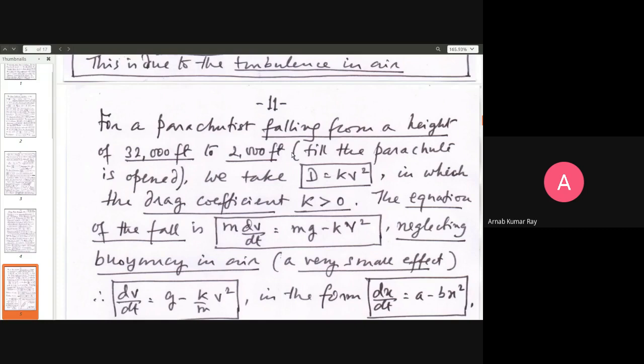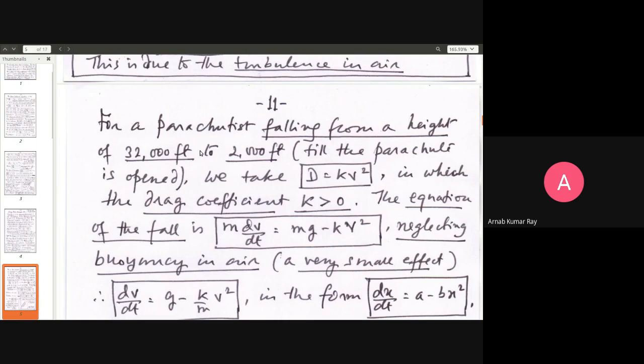So some parachutist has jumped off a plane at 32,000 feet. 32,000 feet is actually a great height, because the height of Mount Everest is less than 30,000 feet. It's 29,000 something feet, so slightly less than 9 kilometers. So 32,000 feet is actually higher than Mount Everest.